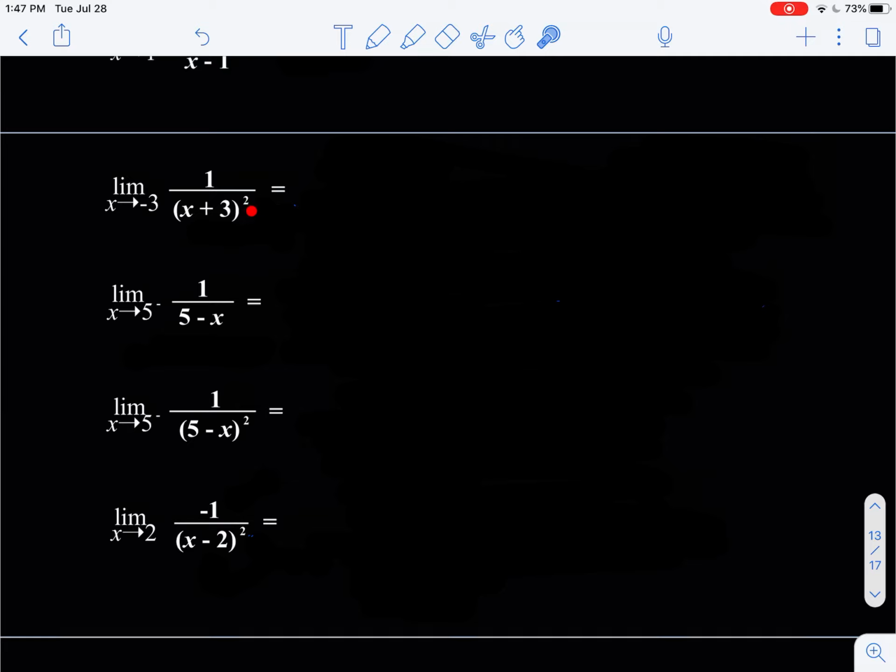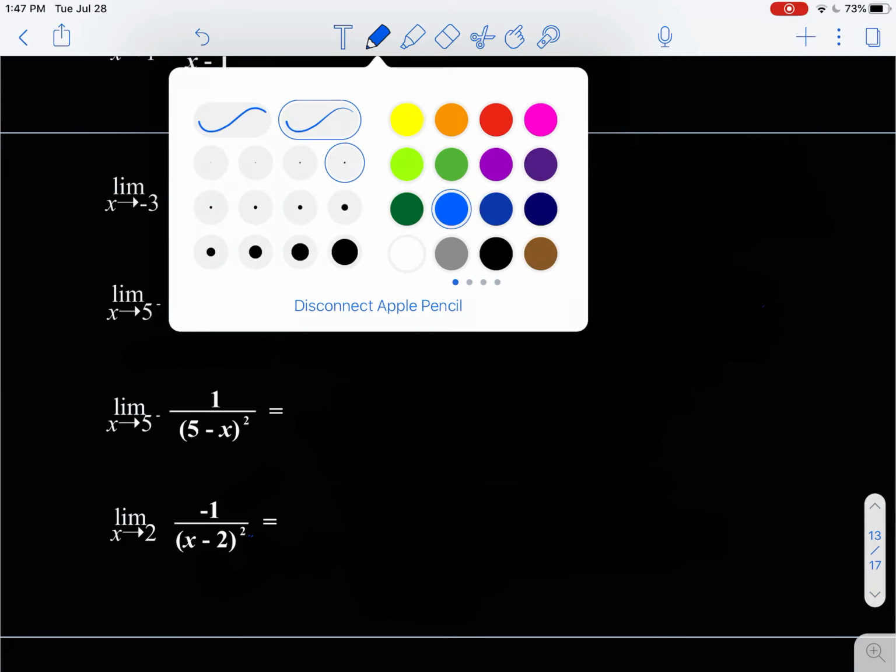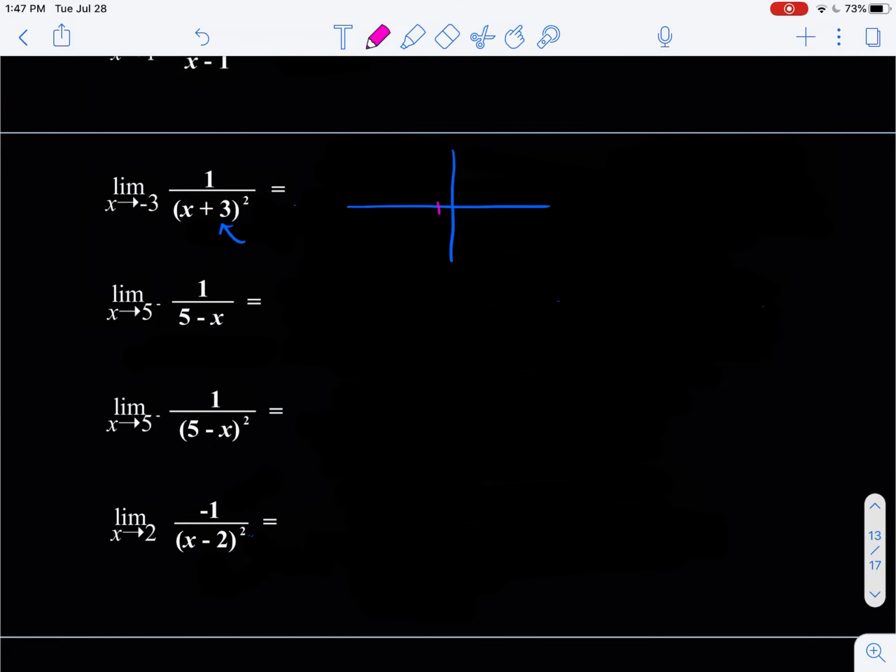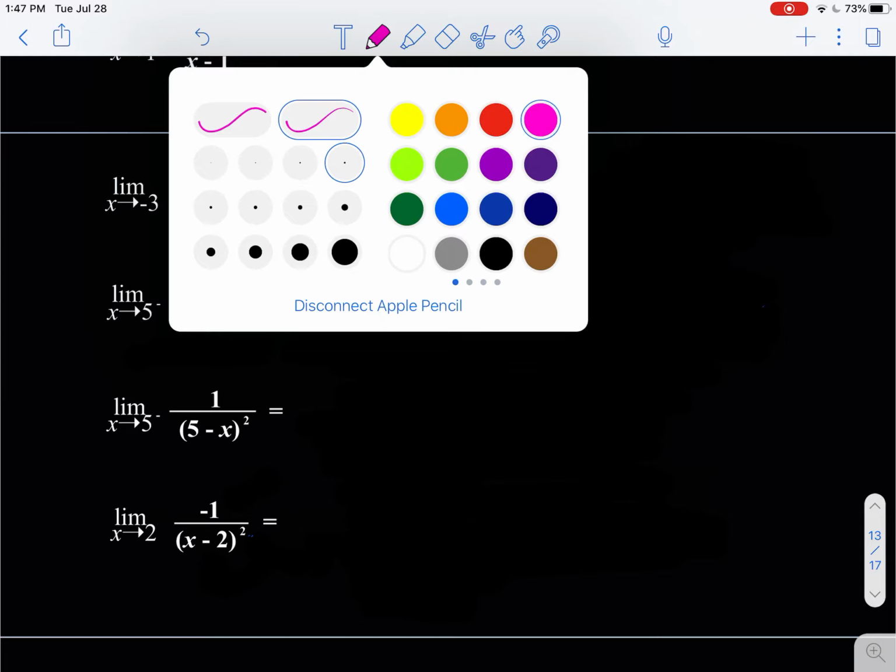All right, so now some more common rational functions. When you have a squared term, such as this one in the denominator, whether you square a negative or a positive value, it's always going to be a positive result. And so I can think about this function as shifted to the left 3, and so we have a vertical asymptote at negative 3.